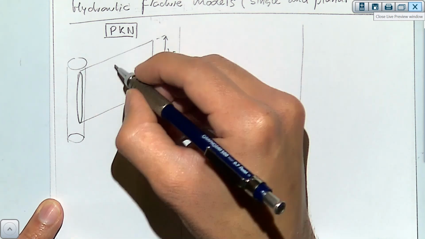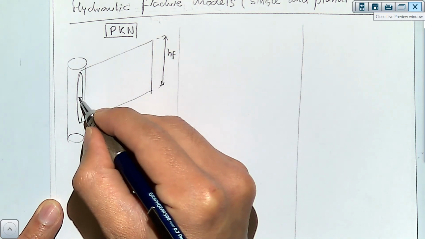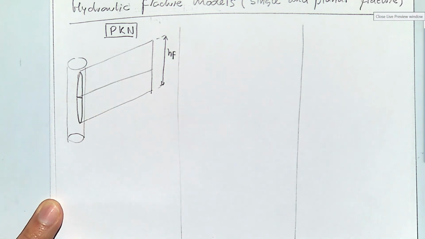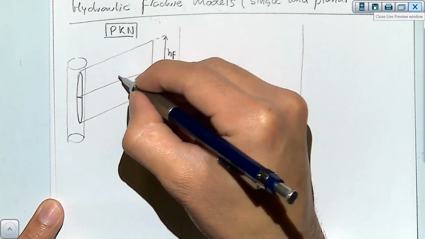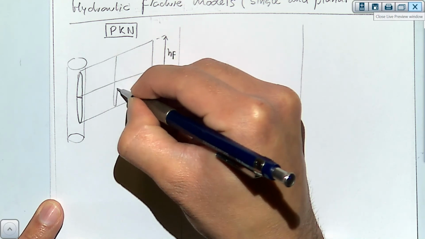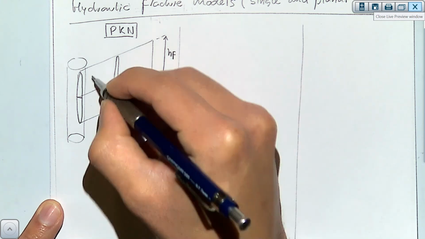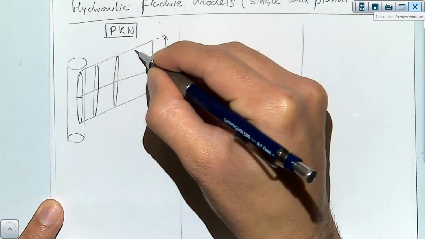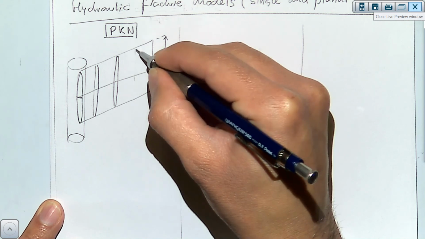And as you get to the tip, of course, the width of the fracture is going to get smaller and smaller. But this is just a series of ellipses. You may think of this as a planar wing of a plane.